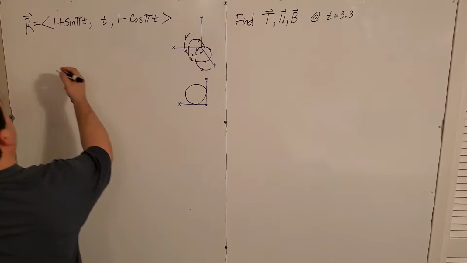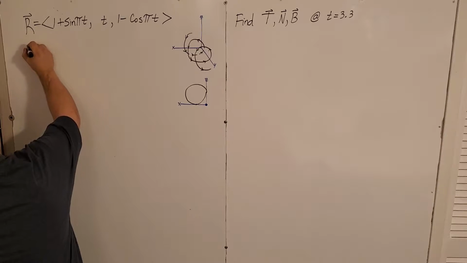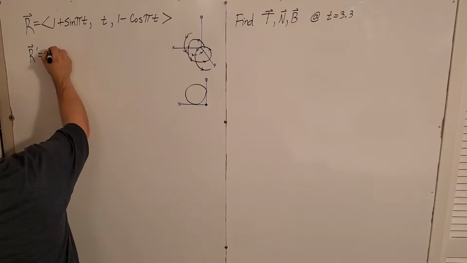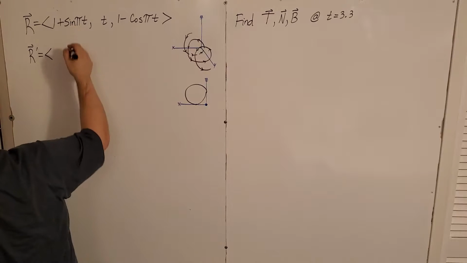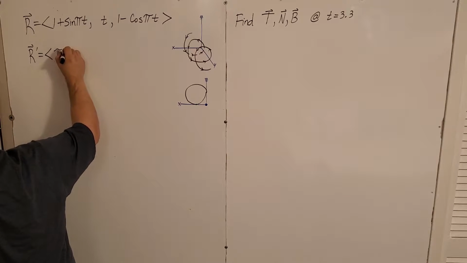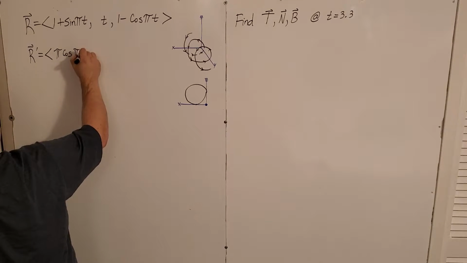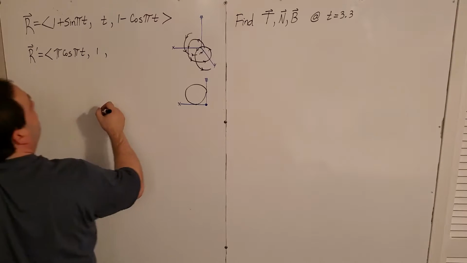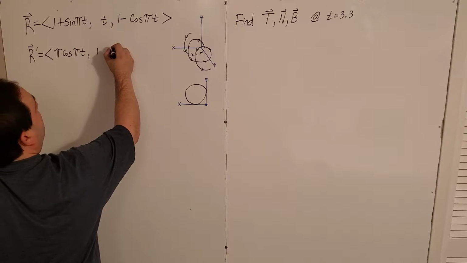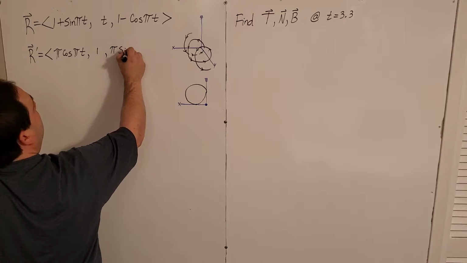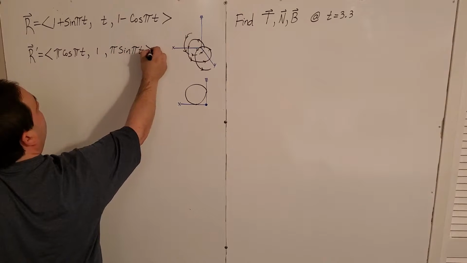So first thing I need is r prime, the first derivative. That's going to be pi cosine pi t, 1, and pi sine pi t.